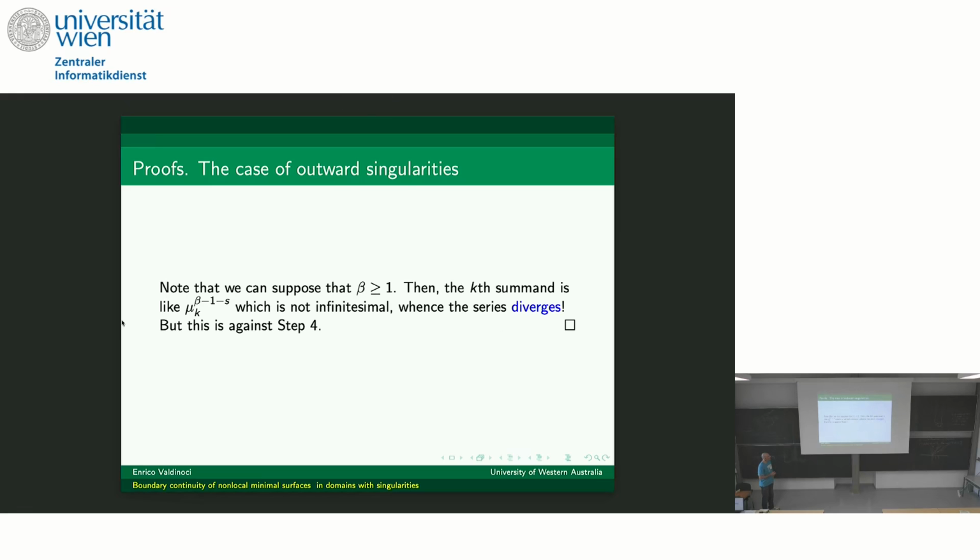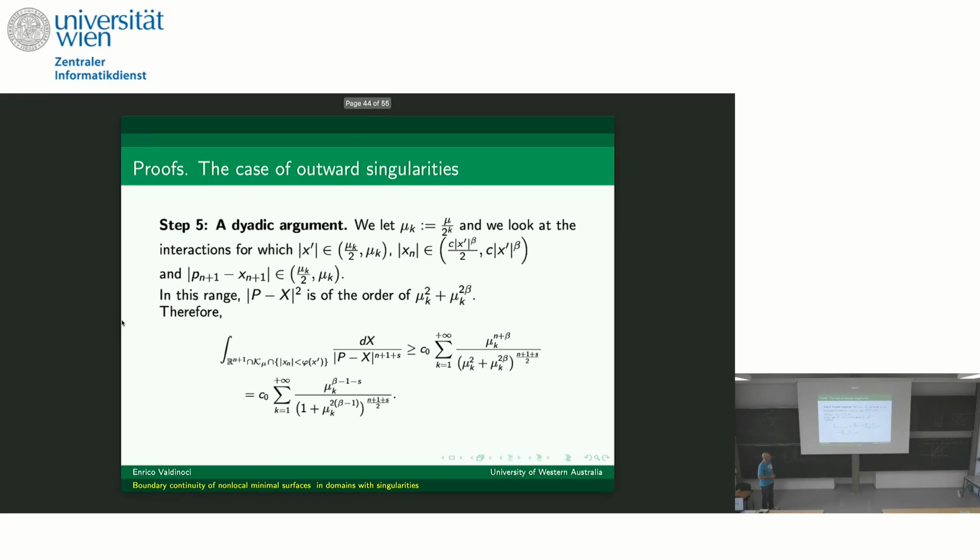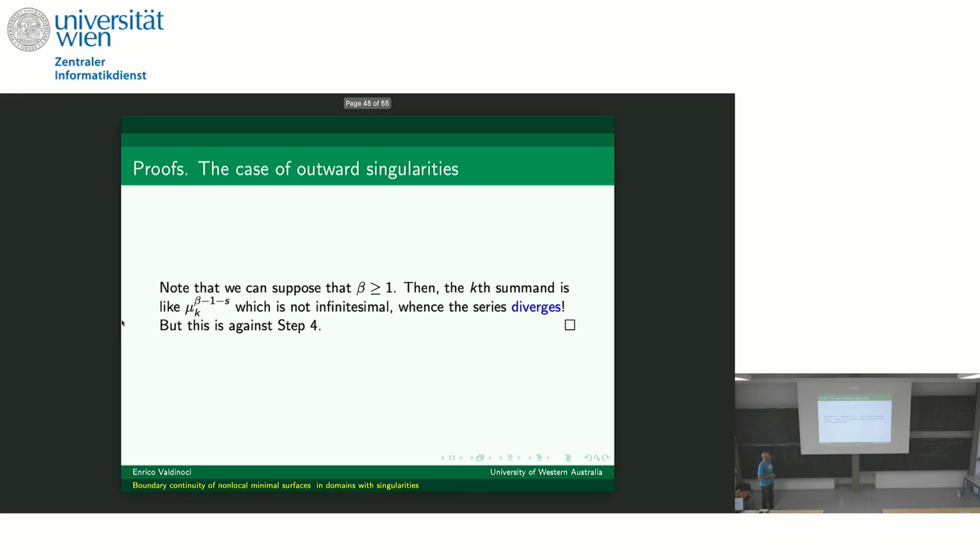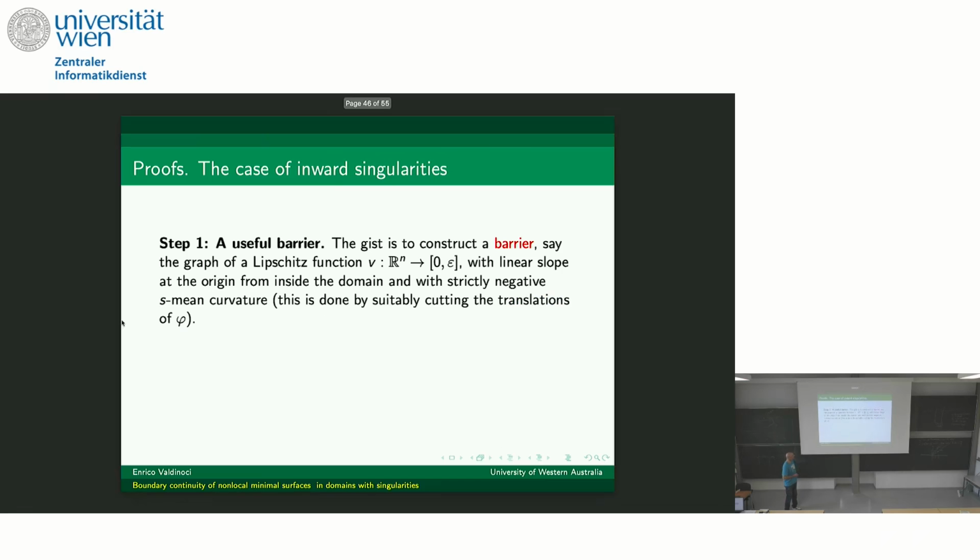And now you look at the numerology of these parameters here, and the kth summand is like mu to the (beta-1)s, which is not infinitesimal when beta is sufficiently large, and then the series diverges. So you get the contradiction, and so you prove that your s-minimal graph was actually continuous at the boundary.